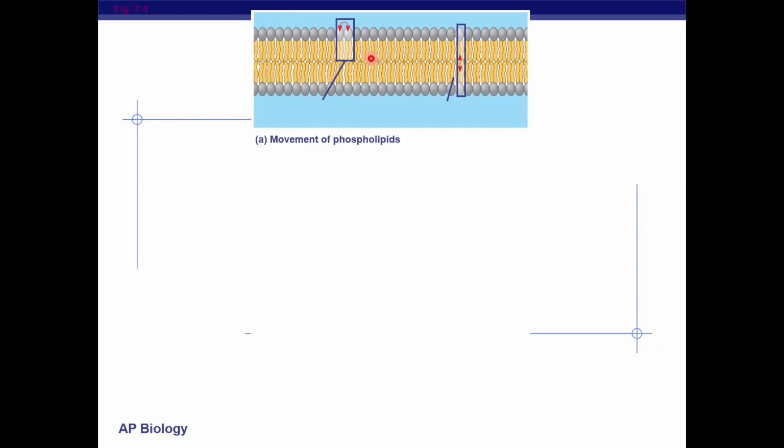The phospholipids, depending on how they are stacked together, can also give more or less fluidity to that membrane. We don't want a membrane to be solid. If a membrane is packed and is very solid, then it does not have a lot of flexibility, and it also is more susceptible to the environment, so it can break that membrane.